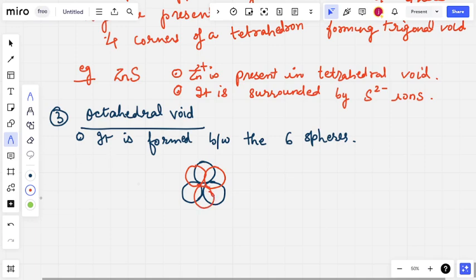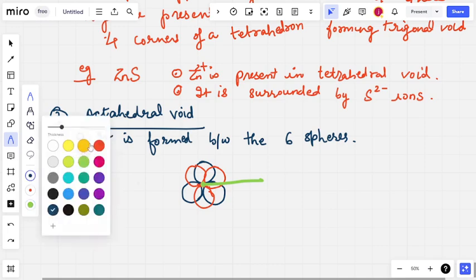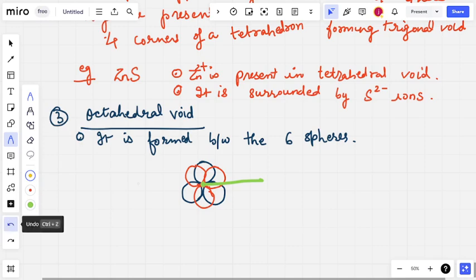The void that is formed with the help of these 6 spheres over here is the octahedral void.